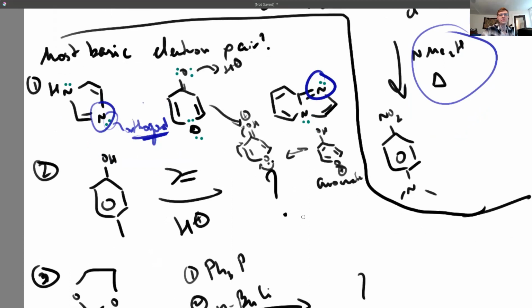Right, sweet. For a fun fact, if we attached this to an amino acid, this is called histidine. It's one of the most commonly reactive amino acids.